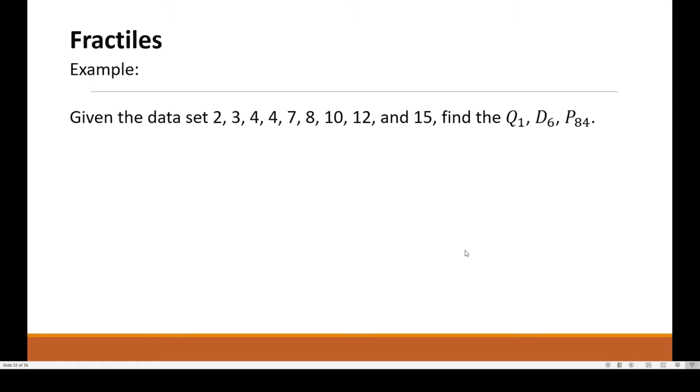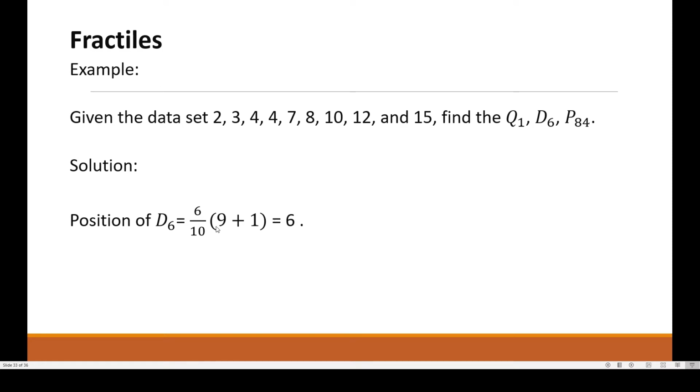So let's solve for D sub 6, or the 6th decile. Let's first find the position of D sub 6. D sub 6 is equal to 6 over 10 times 9 plus 1. Why 6 over 10? Because we are looking for the 6th decile. And why 10? Because deciles divide the data into 10 equal parts.